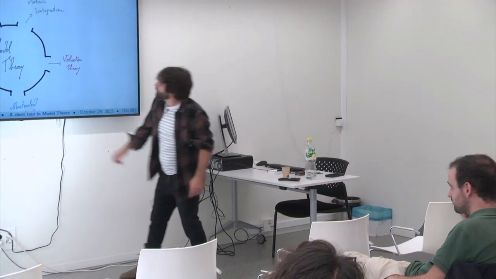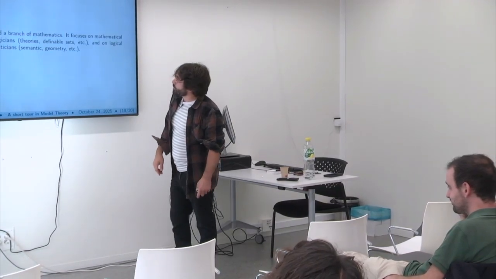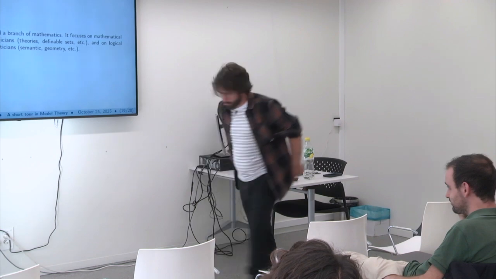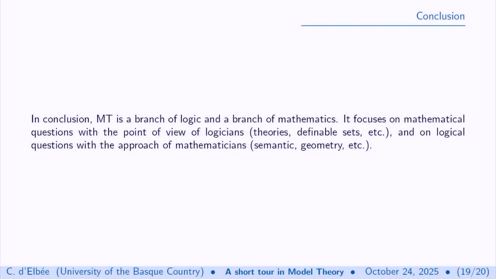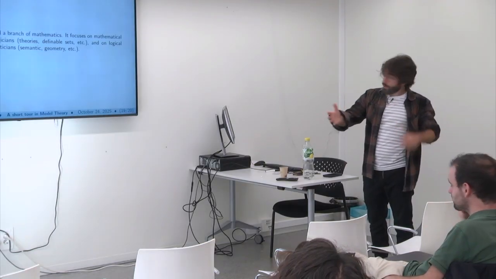Non-standard analysis. Okay, so in conclusion, model theory is a branch of logic and a branch of mathematics. That's how I see it anyway. It focuses on mathematical questions with the point of view of logicians, with the background of having theories, definable sets, formulas.